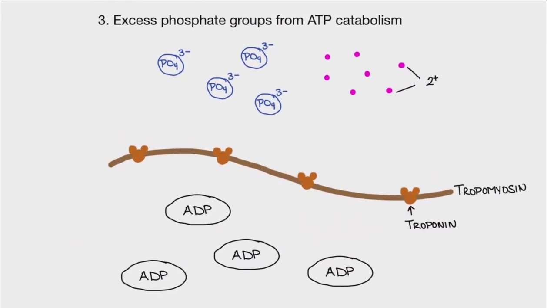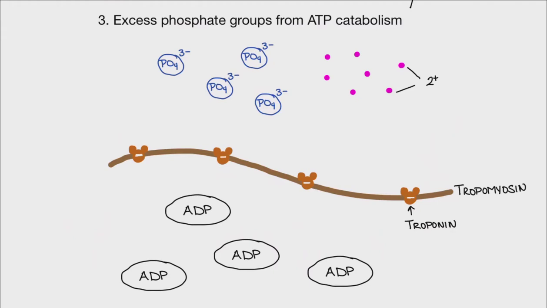So one of the things that contributes to cross bridges, of course, is the exposure of actin binding spots. And in order to do that, calcium, which I have here as pink dots, needs to bind to troponin, and then that moves the tropomyosin out of the way. Well, the reason why calcium is attracted to troponin is because troponin probably has a negative charge in there.